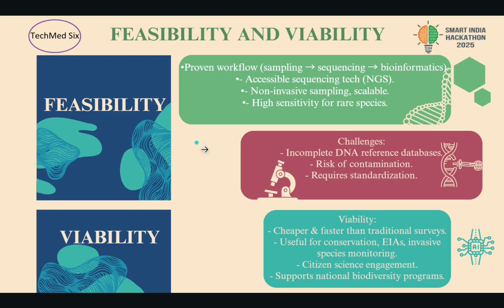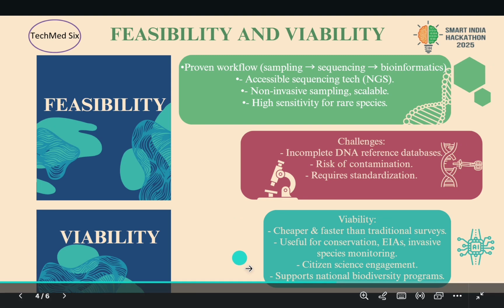Now this solution of ours is very feasible because in the past we have seen how bioinformatics, through sampling and sequencing, has solved similar problems. This solution is non-invasive and clearly very scalable. Traditionally, some challenges in the process without computation were an incomplete DNA reference dataset and a risk of contamination, and these problems we solved.